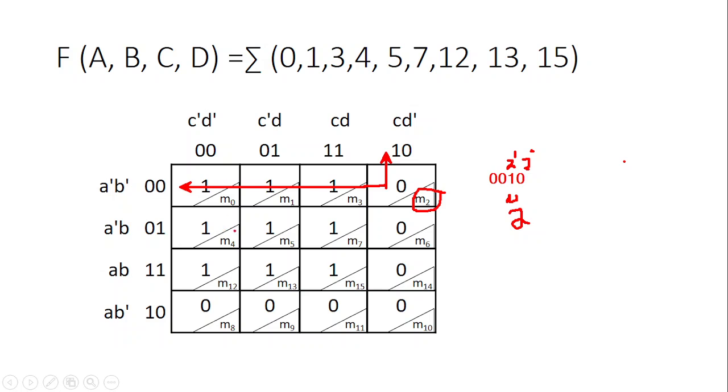Same thing is for the remaining side. When you are writing it, always write in this order so that it is easy. You start with 0, 1, 2 and then 3. Similarly 4, 5, 6 and 7.